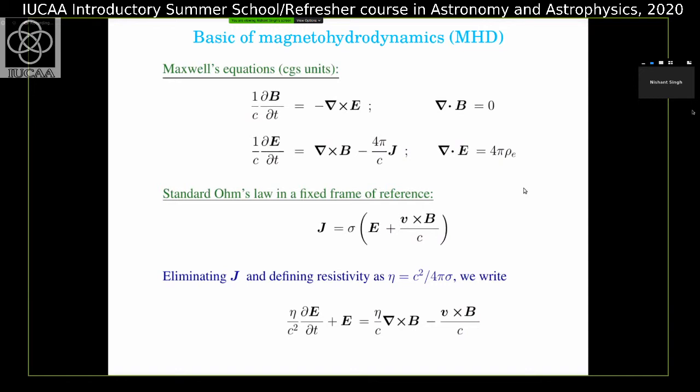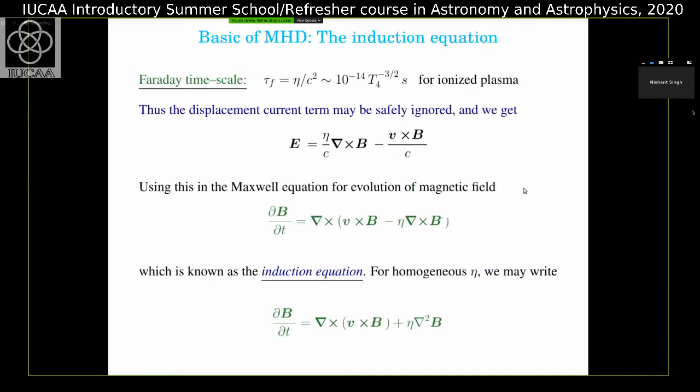Del rho by del t is equal to some minus constant times rho E. You can solve it, and you again exactly get this time scale for the dissipation of the charge imbalance. So it will offer you a solution for rho E, which will decay away in a time on the order of 10 to the minus 14 seconds for ionized plasma.